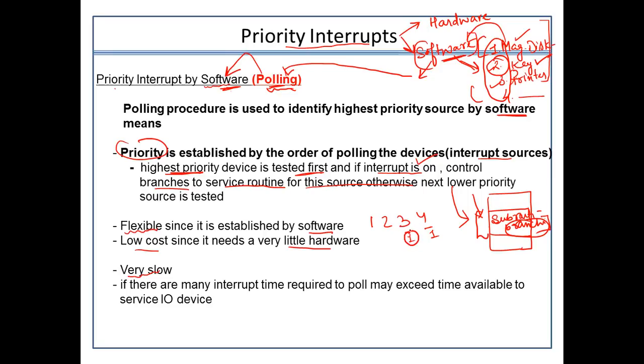Obviously the third device's priority has been taken care of, but once the system was serving it, the next request came from the second device, which has the second highest priority. So it again has to wait, because now the system will look at this, and while pursuing it, the third request has been generated by the highest priority device. It means that the request of the fourth device would never be serviced. So that would be a bit of a problem when we are using the polling procedure.